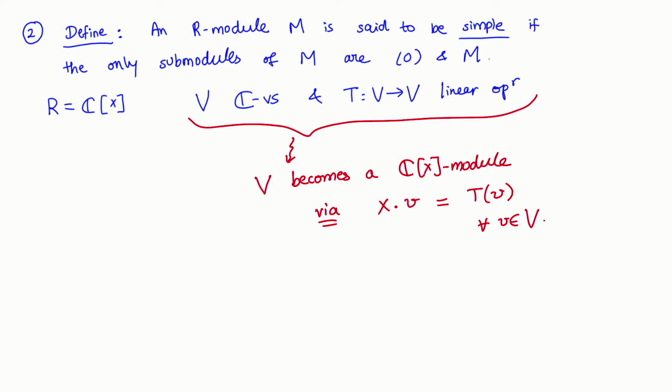So I fix a C[x] module. In other words, I fix a complex vector space and a linear operator, and think of V as a C[x] module. Prove that V is a simple C[x] module if and only if the dimension of V is 1.